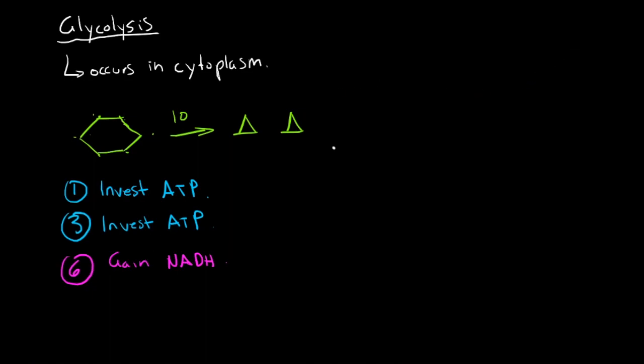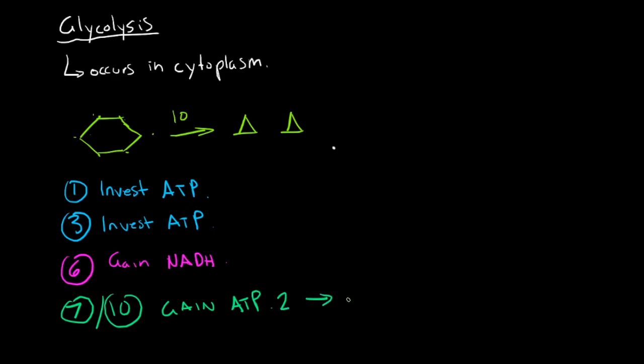And then we're going to look at step 7 and step 10. So 7 and 10 gain ATP. So in each one of these steps, we're gaining 2 ATP.